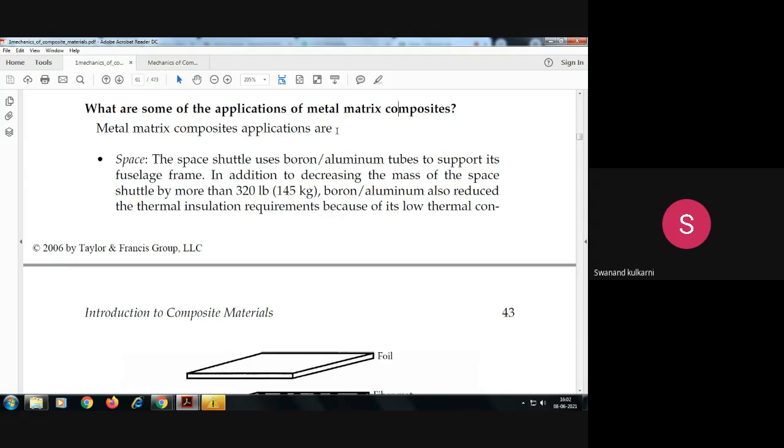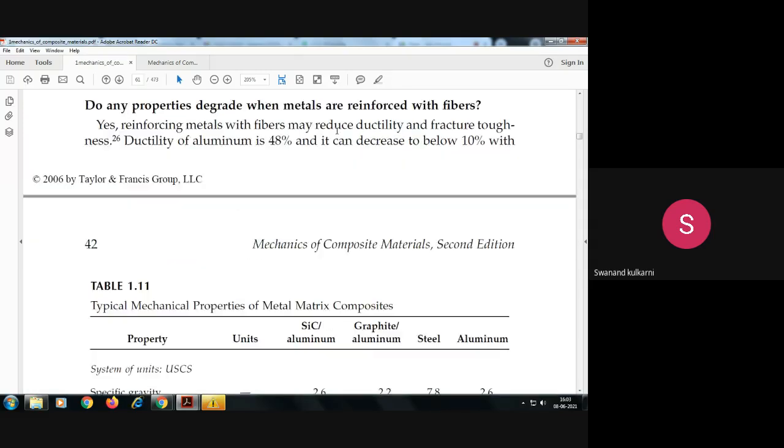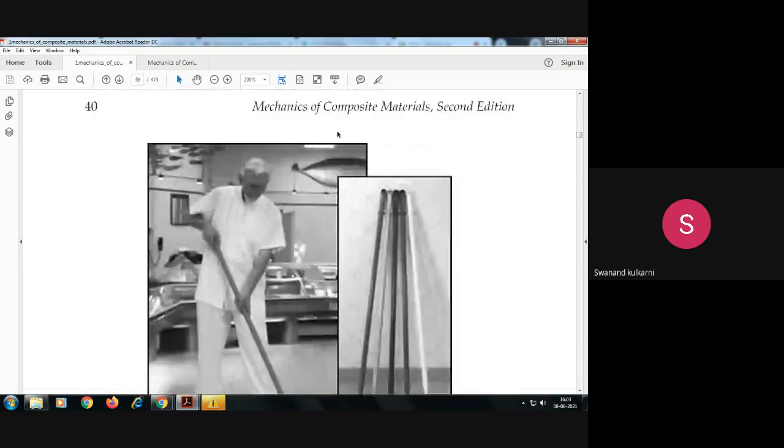Is it okay? So in case of the space shuttle, boron aluminum tubes are used in order to support the fuselage frame. So we have seen one example. Here also we have seen, in case of this application, the fuselage frame. Here you can see this figure we have seen.